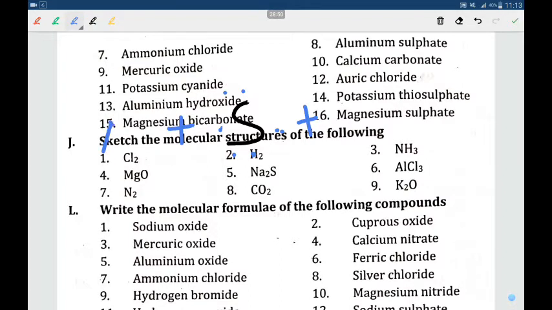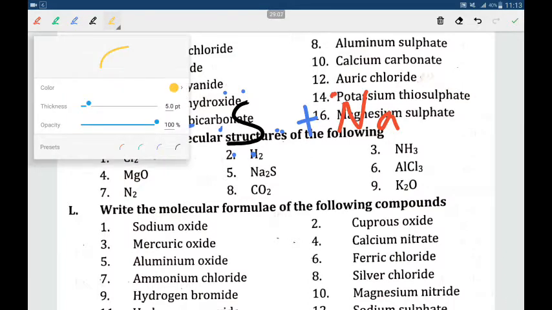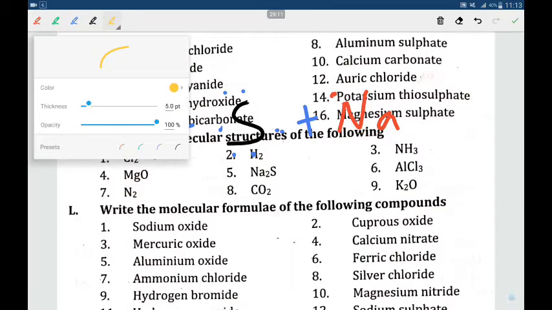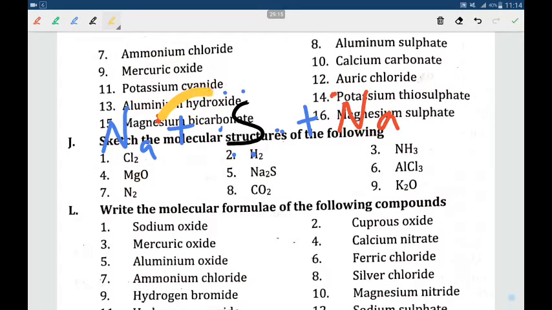So write here sodium Na, 1 electron. Here also 1 electron. Then what will happen to this 1 electron, students? This 1 electron is shared to this, and this 1 electron is not shared, but given.